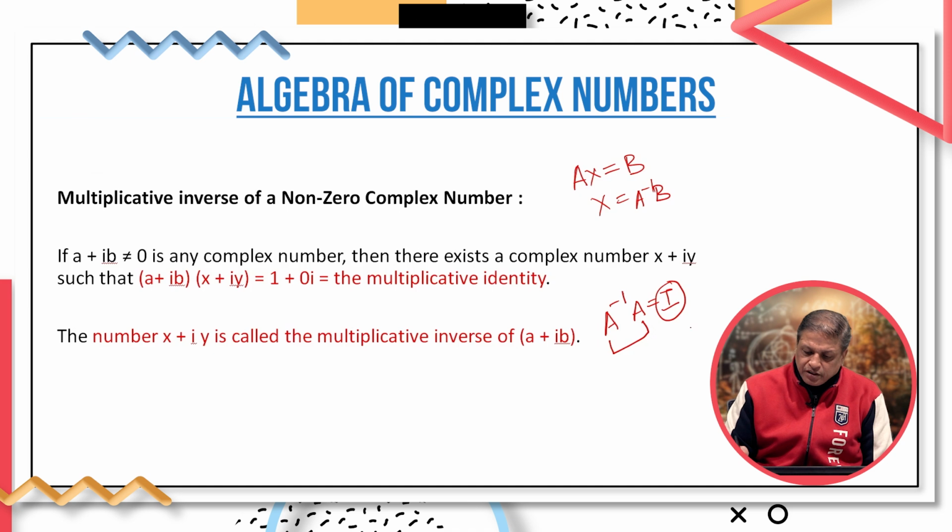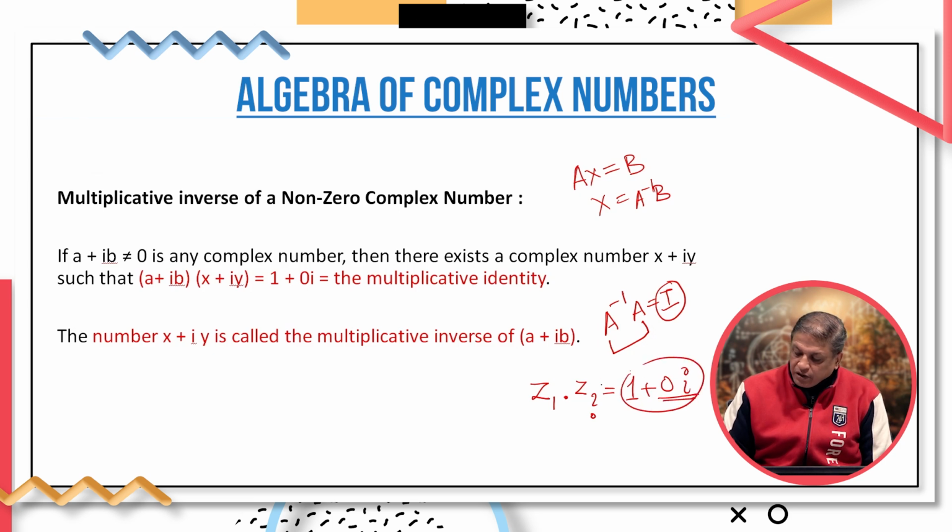On the same lines, which complex number should be multiplied so that we get the answer 1? That is 1 plus 0i, whose imaginary part is 0 and only 1 is the value. So that value is nothing but the multiplicative inverse.